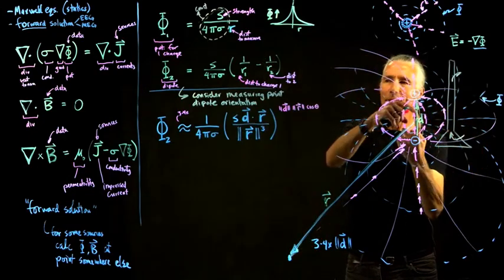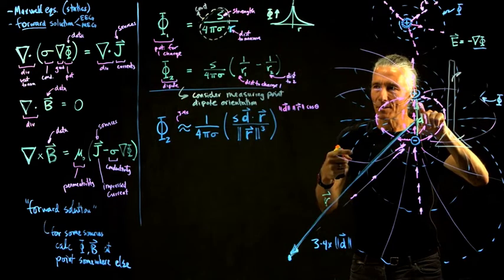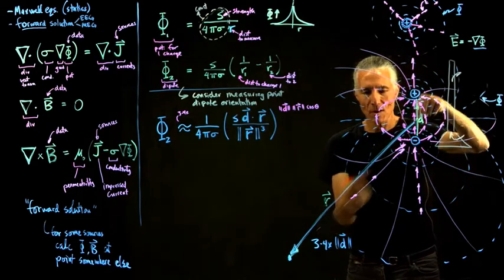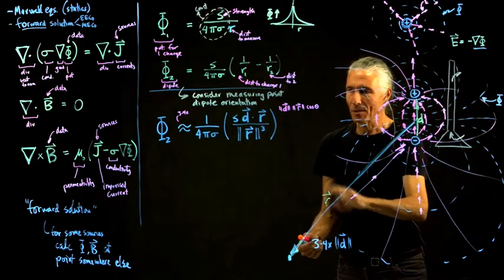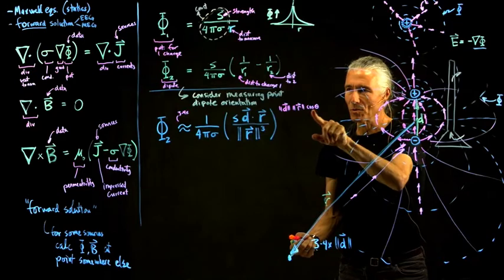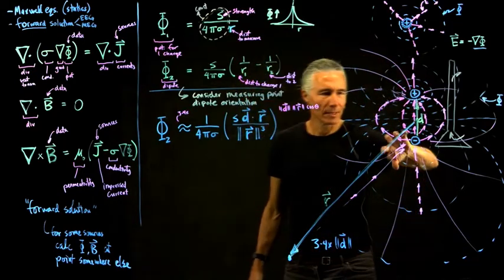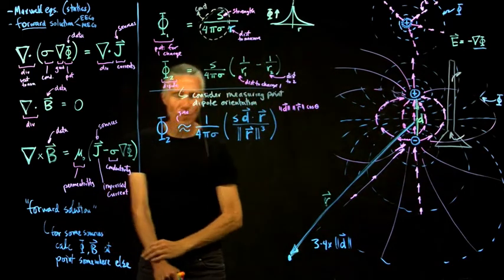If the vectors are in a very similar direction, that's where it's the biggest. If they're perpendicular to each other, it's 0. If they're in opposite directions, it's a big negative number. So these are almost in opposite directions. So the dot product between this d and this r should be negative, and it's going to depend on the cosine of the angle between this guy and this guy. So that's the electric forward solution.